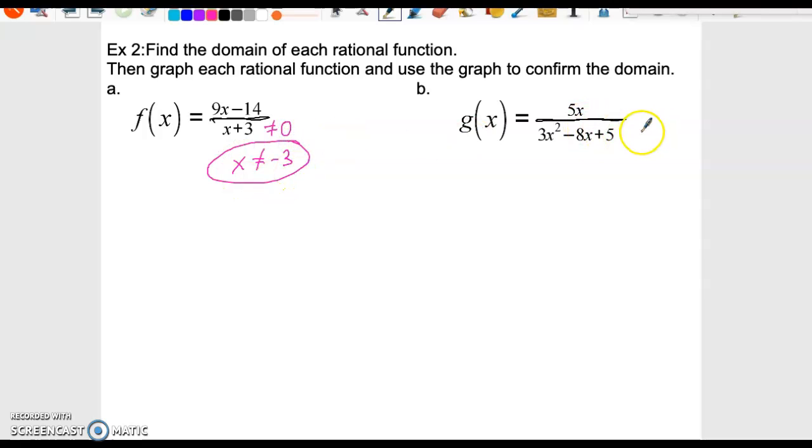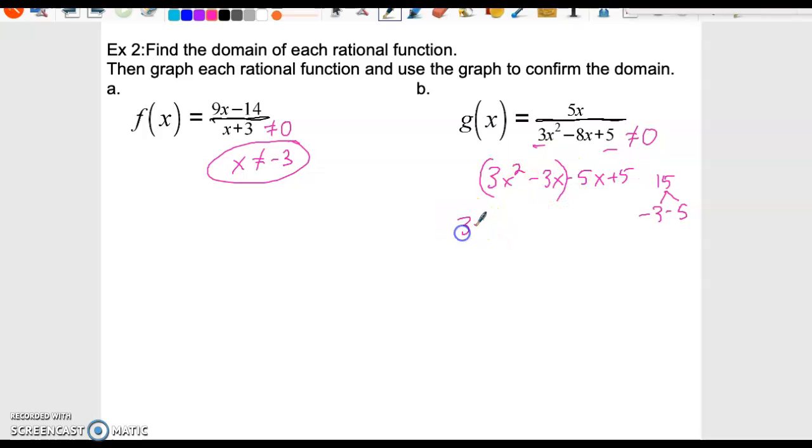Now this one over here is a little bit more complicated because what you'd have to do is multiply. 3 times 5 is 15. Factors of 15 that add to be 8 would be 3 and 5. Make them both negative. And then I'm guessing most people need to actually write it out. -3x minus 5x plus 5. Group.